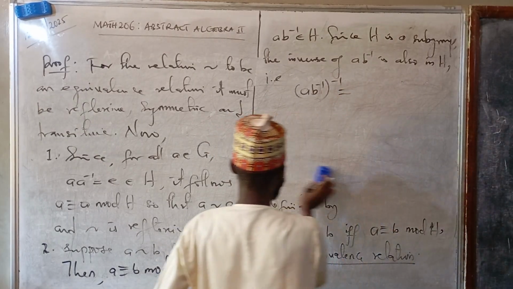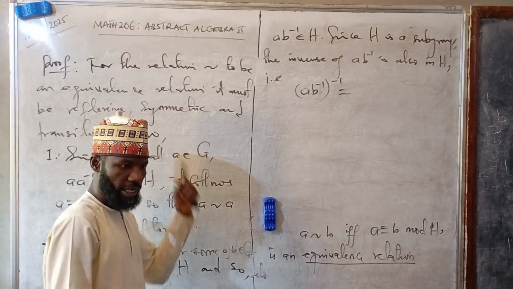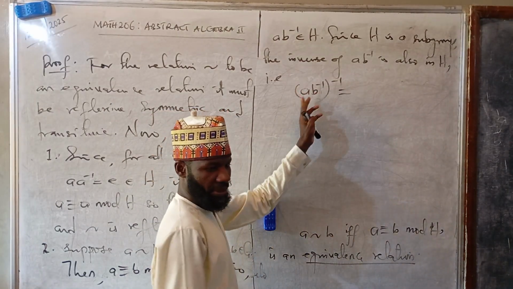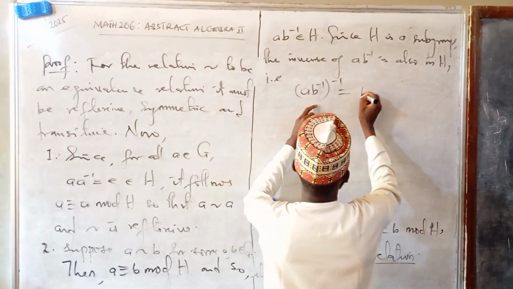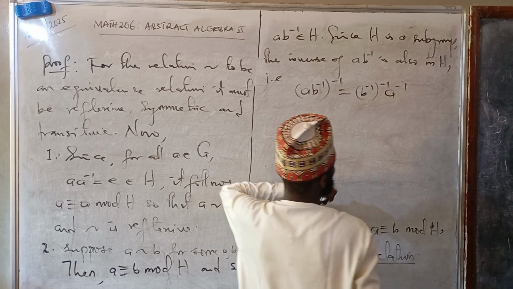By one of our basic lemmas from the first lecture, you take the inverse by reversing the product. So this will be B inverse times A inverse.